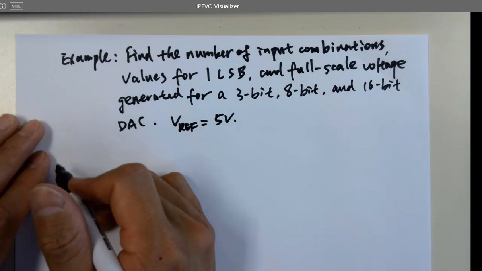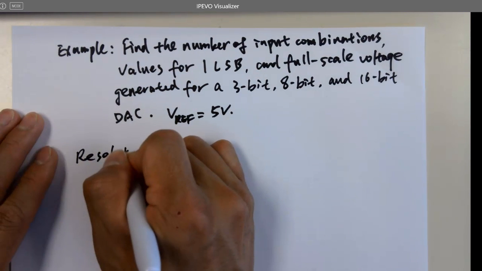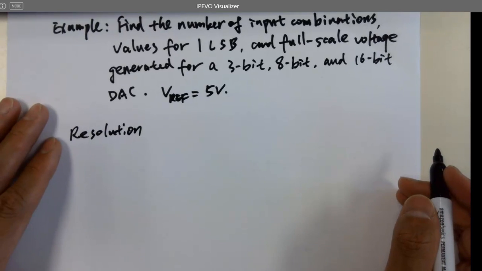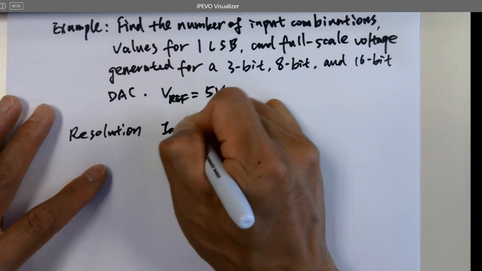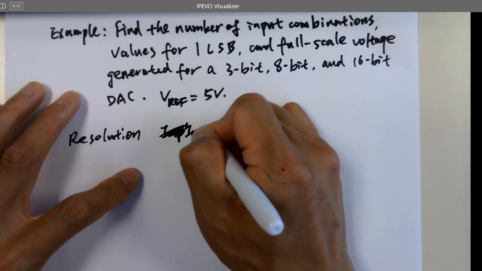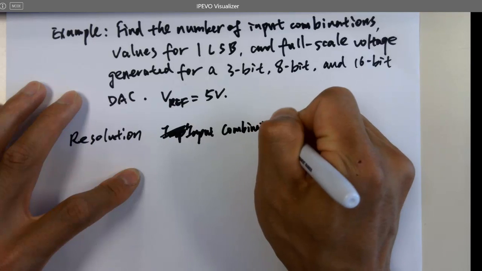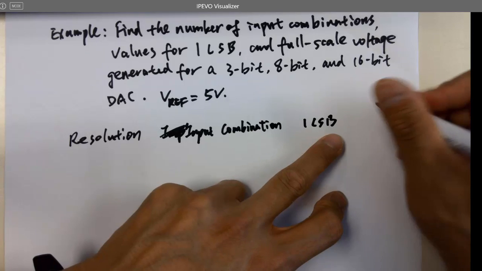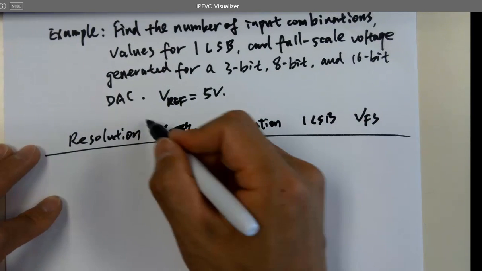Let's just make a table out of it. Resolution. When people ask for resolution for ADCs or DACs, what are the answers? Input combinations, 1 LSB, V full scale. A table here.